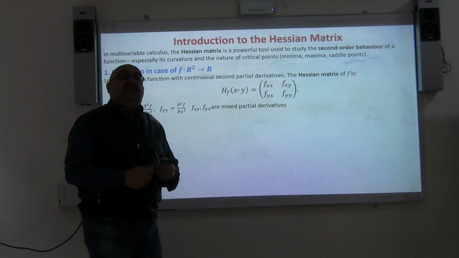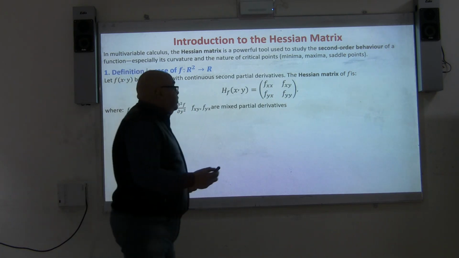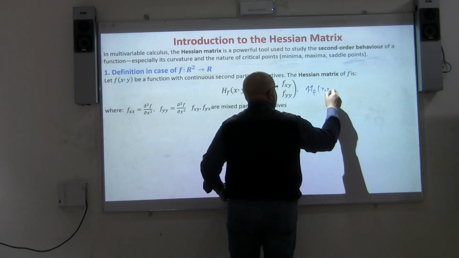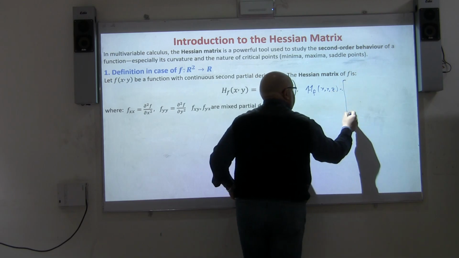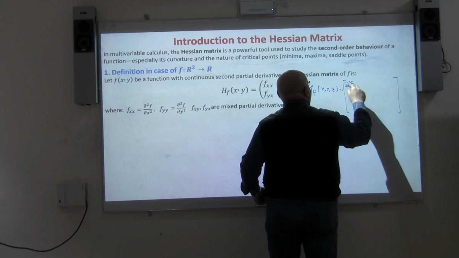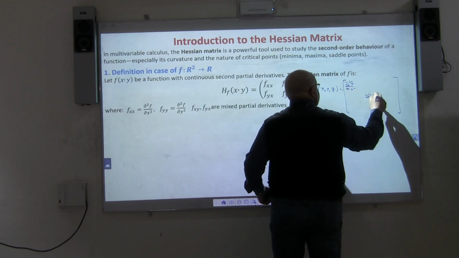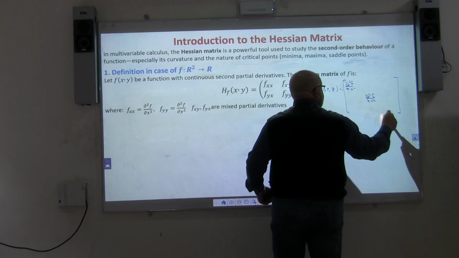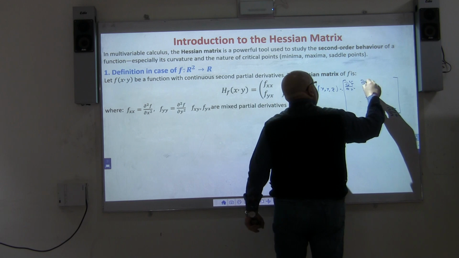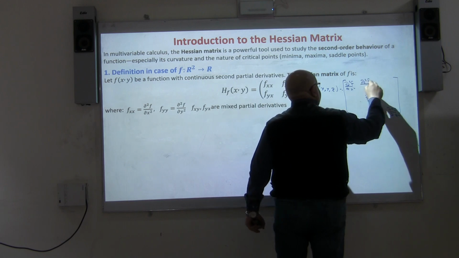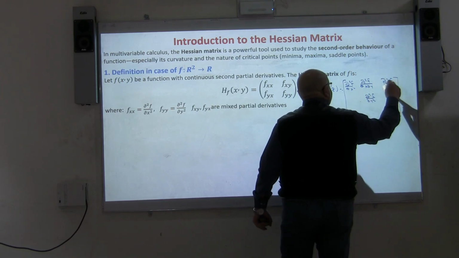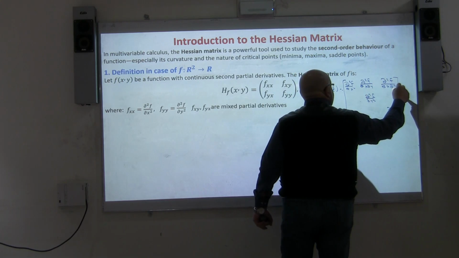So if I'm dealing with the Hessian matrix in 3 dimensions, what do you think the shape is going to be? If I'm talking about H of f of x, y, and z, the dimension will be 3 by 3. And it's going to be partial 2f partial x squared, partial 2f partial y squared, partial 2f partial z squared. And then partial 2f partial x partial y, partial 2f partial x partial z.